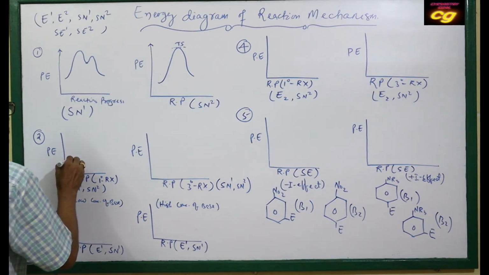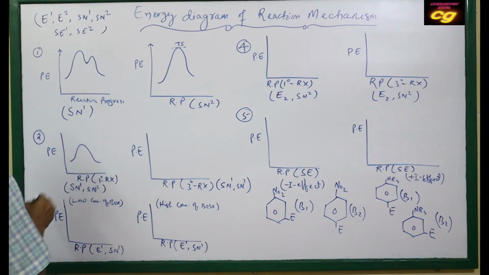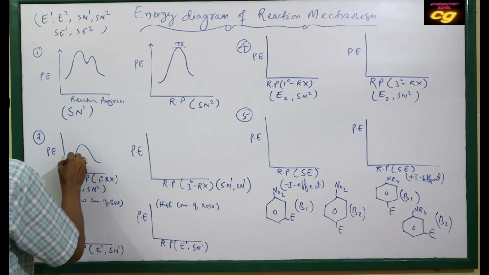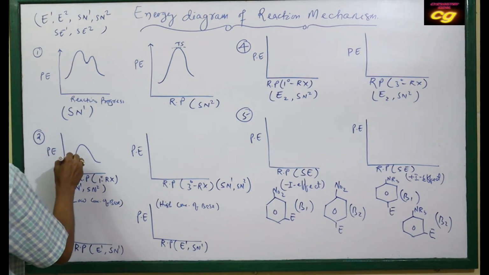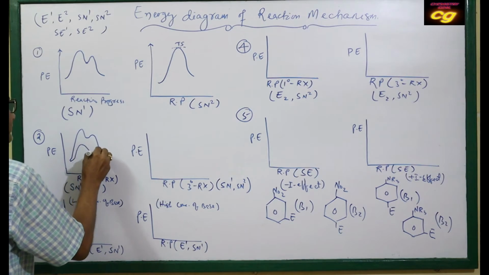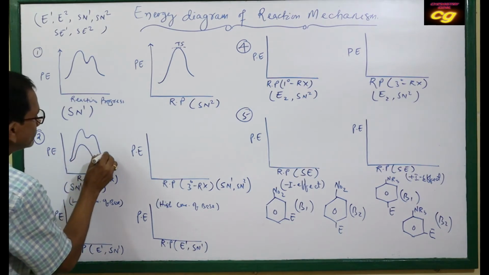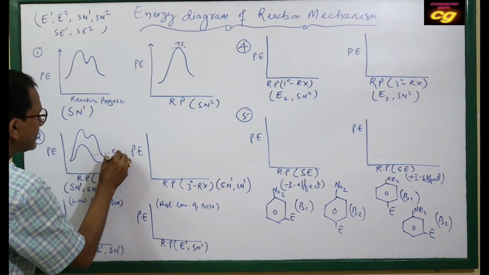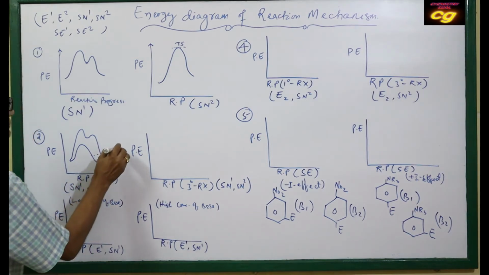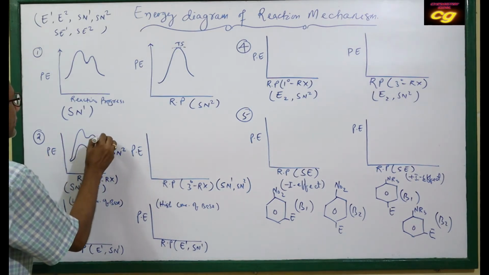So this is your SN2, and this one is for the SN1 mechanism. This stands for SN2 as it is primary, SN2, and this is your SN1.